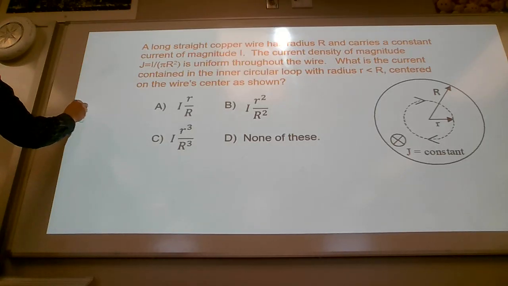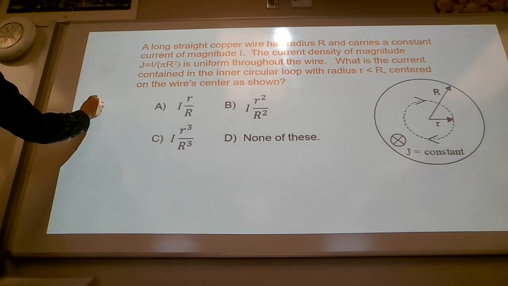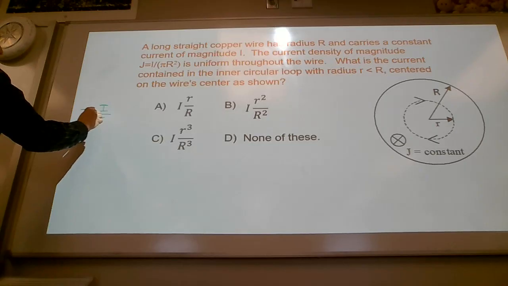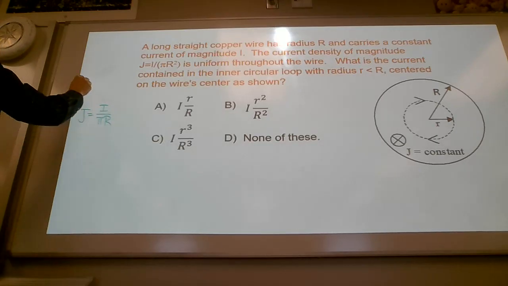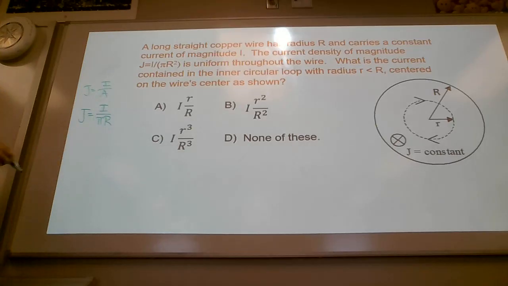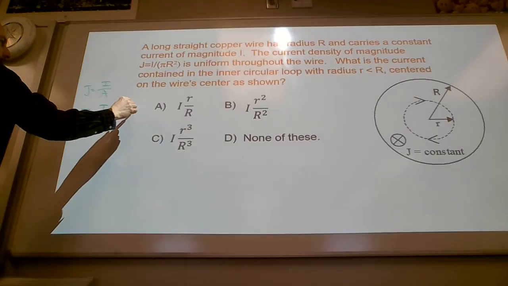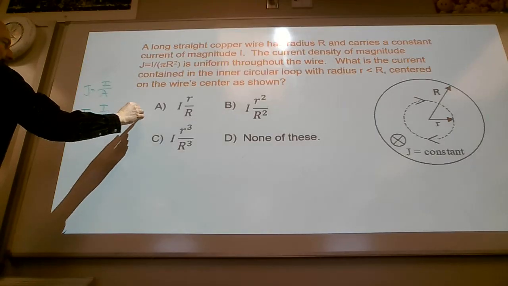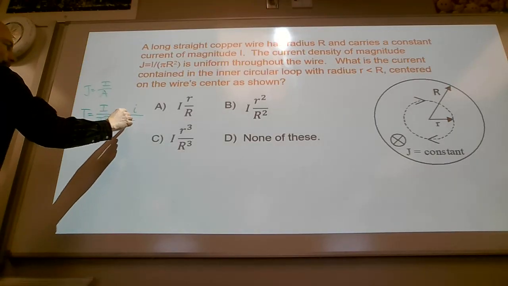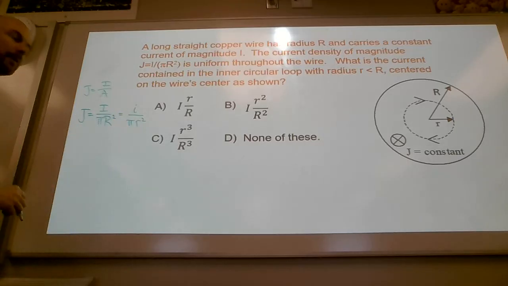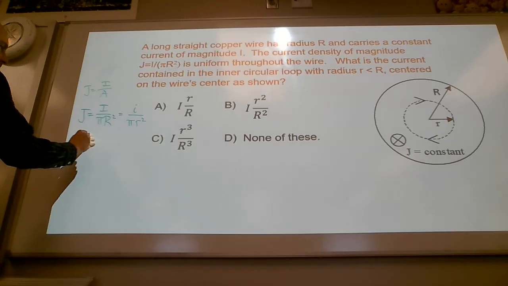So we have uniform density. So the whole thing, this is current over area, yes? Okay. Is equal to, I'm just going to put a lowercase i for the inside. So the current on the inside.